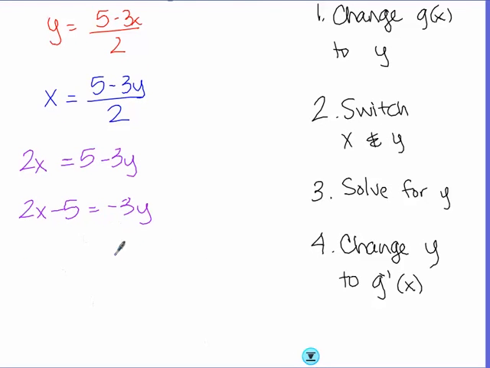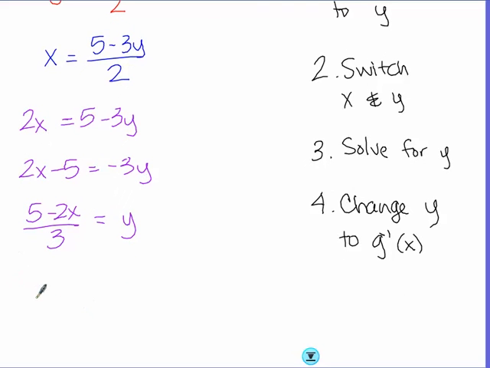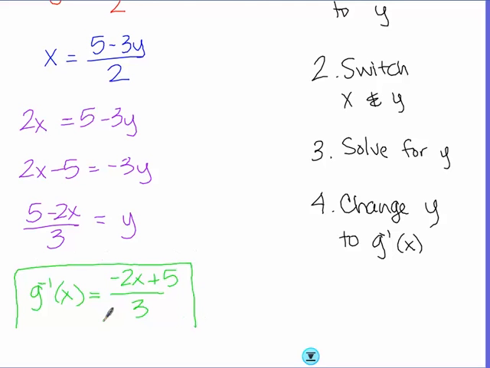Then I'm going to divide both sides by -3. Then, lastly, I need to change my notation. So I have g inverse of x equals, I'm going to rearrange this a little bit, (-2x plus 5) over 3. And that is my inverse function.